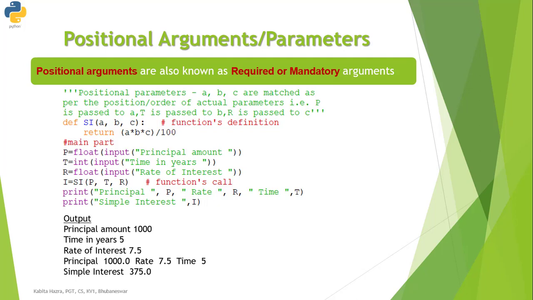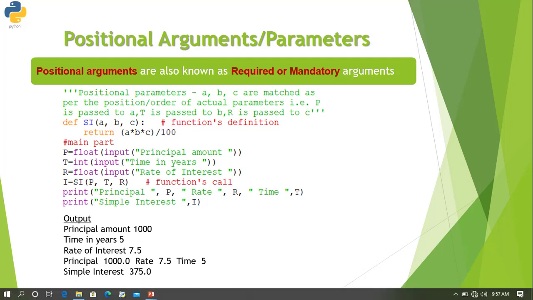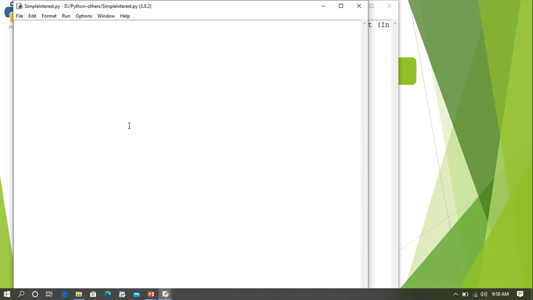Let us write the program for that. We'll start with the function's definition. To calculate the simple interest, we need the principal, rate and time.